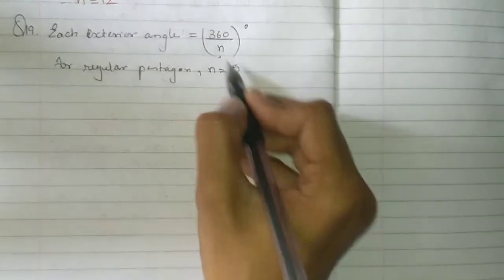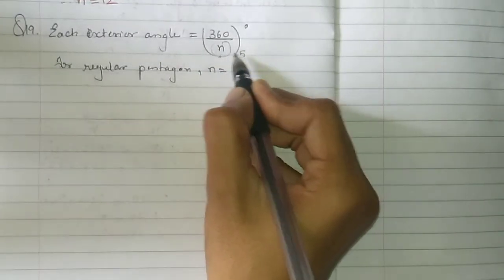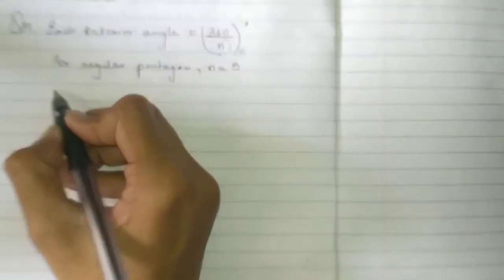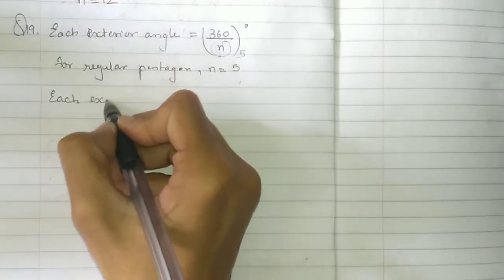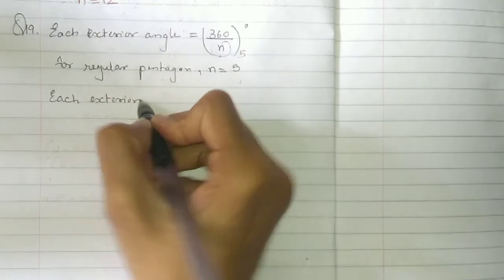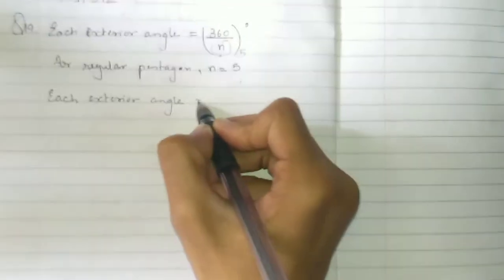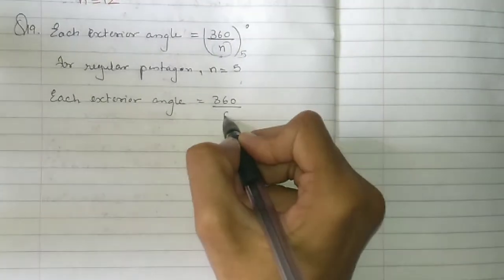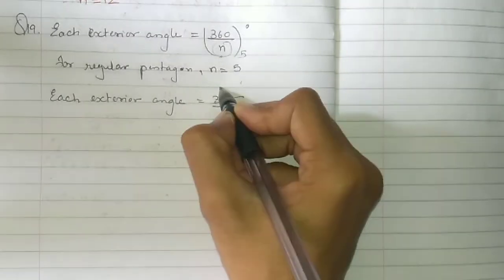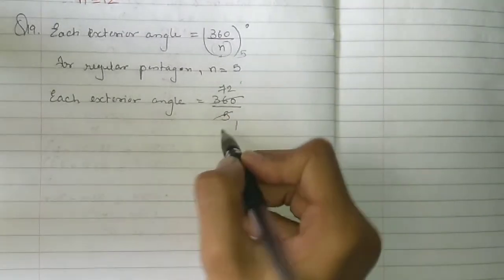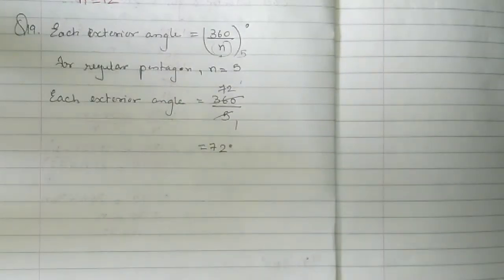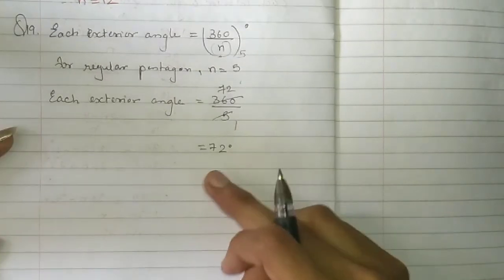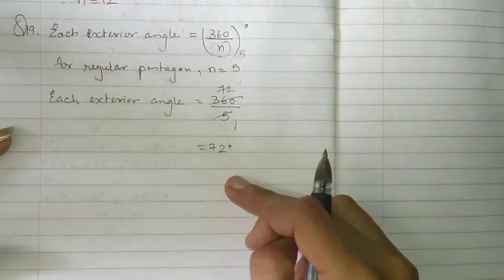So we'll write 5 instead of n. So each exterior angle equal to 360 upon 5. So 5 7s are 35, and 5 2s are 10, so 72. So each exterior angle is 72 degrees.